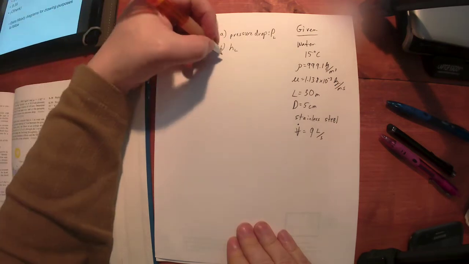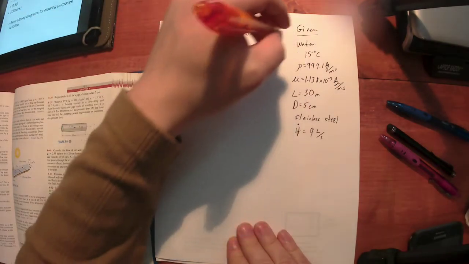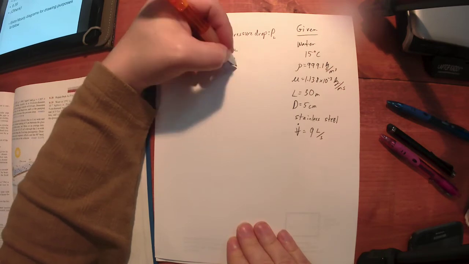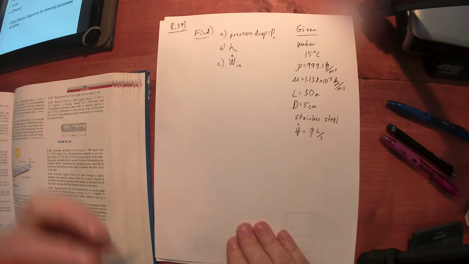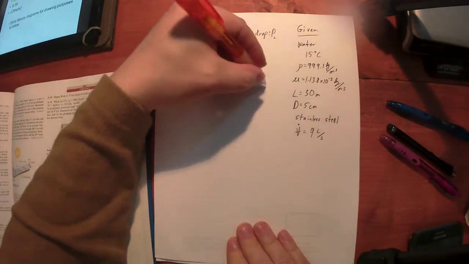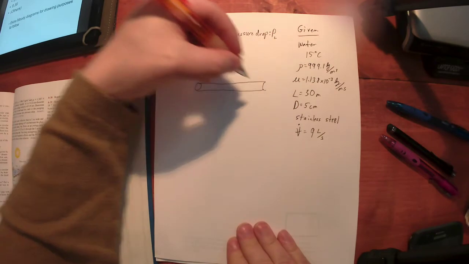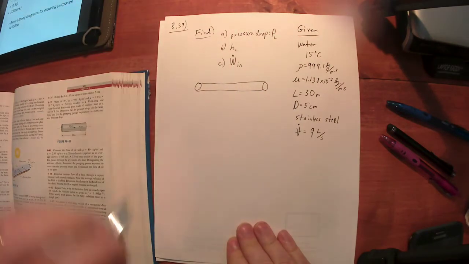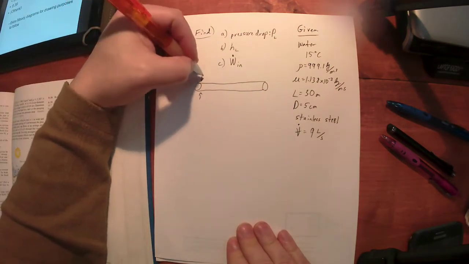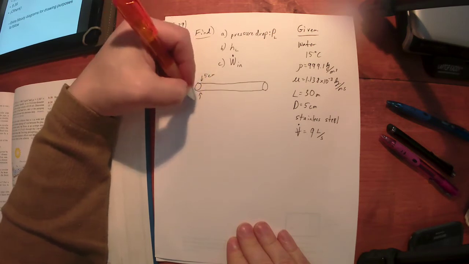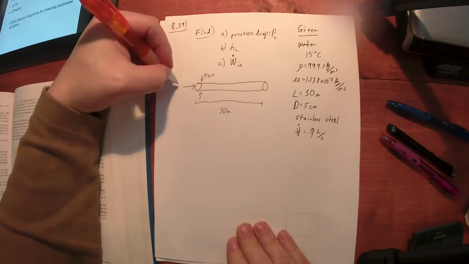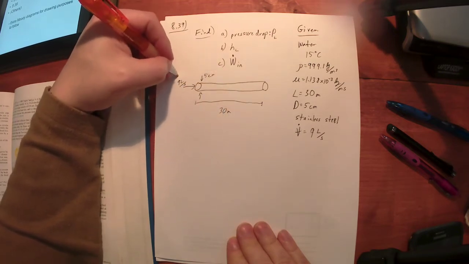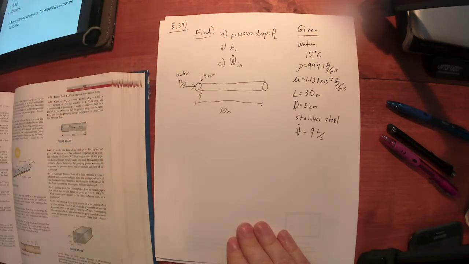They want us to find the pumping power: how much power input will we need to overcome the pressure drop? And a simple diagram, nothing complicated: a stainless steel pipe, 5 centimeters, 30 meters long, flowing at 9 liters per second, water coming in. That's what we're looking at.